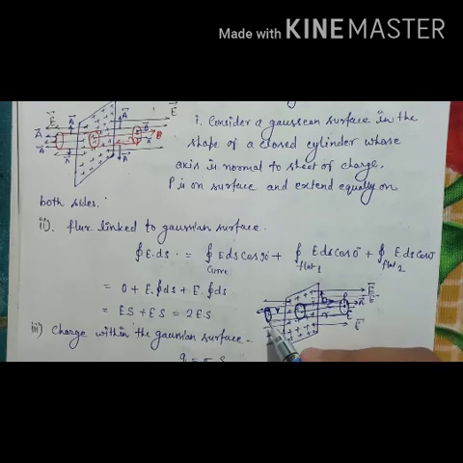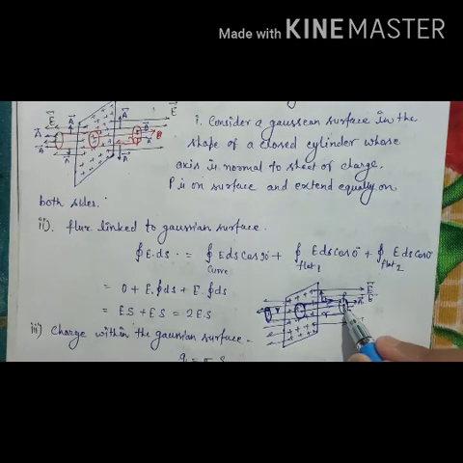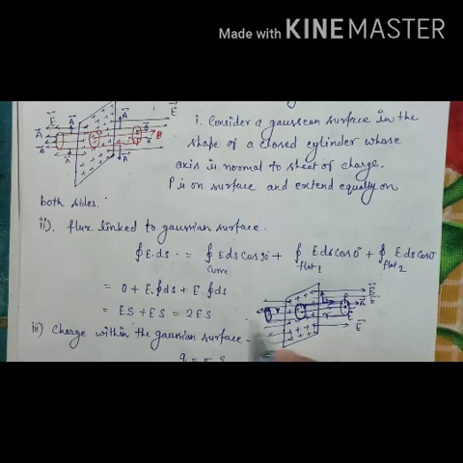The first step is complete. First step: we always consider a Gaussian surface, and here for a large plane sheet we consider a Gaussian surface in the shape of a closed cylinder whose axis is normal to the sheet of charge. P is on the surface, and it extends equally on both sides.